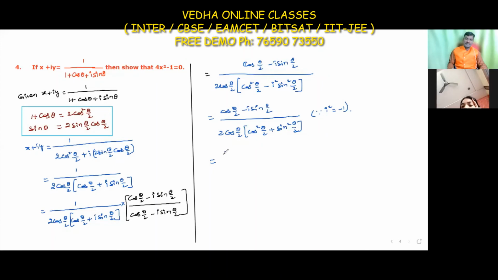Okay, so here we have (cos theta by 2 minus i sin theta by 2) divided by 2 cos theta by 2 into 1.